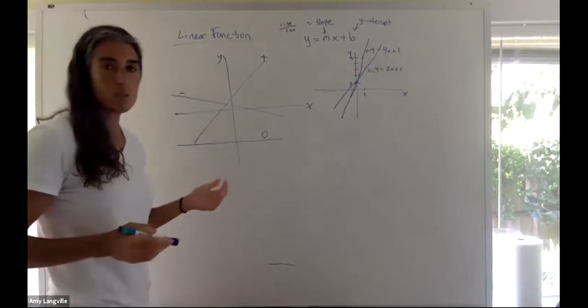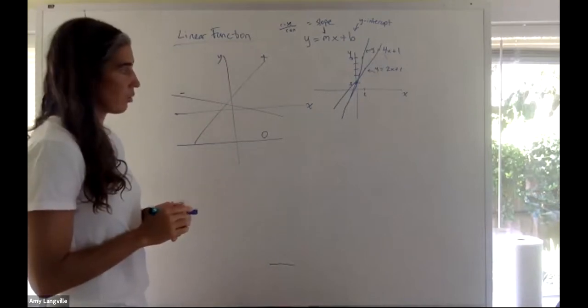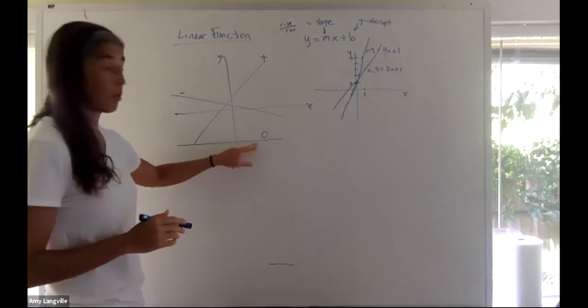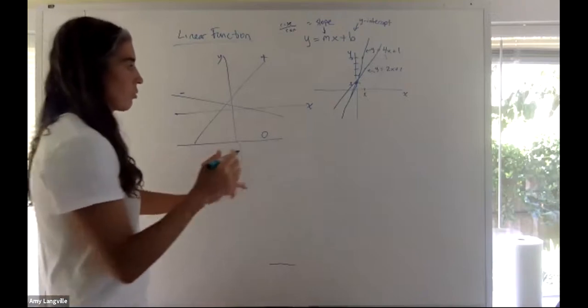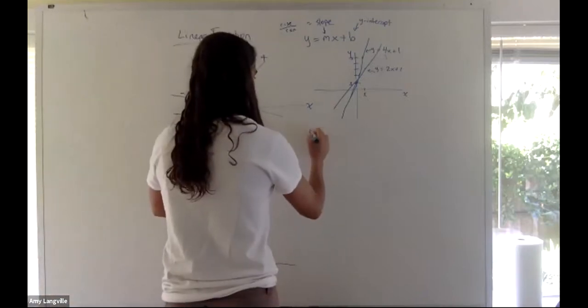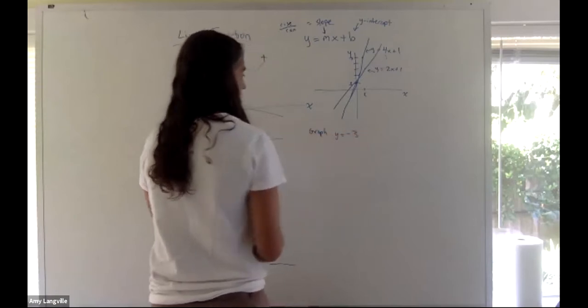Okay, what's something else on your list that you remembered about lines? Suppose, let's take this next one, ones with zero slope that are horizontal lines. What do those look like? Those are always things of the form y equals, let's say, -3.